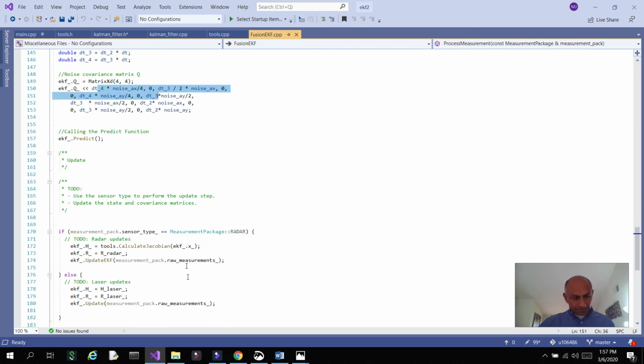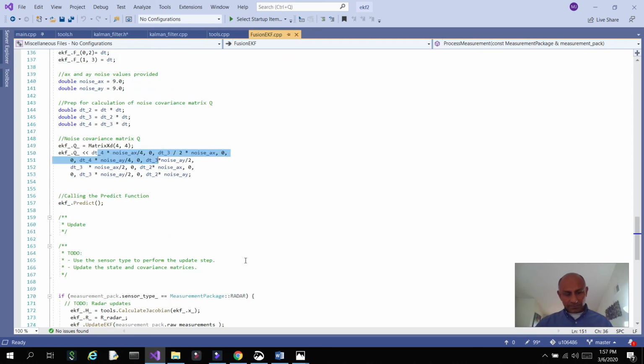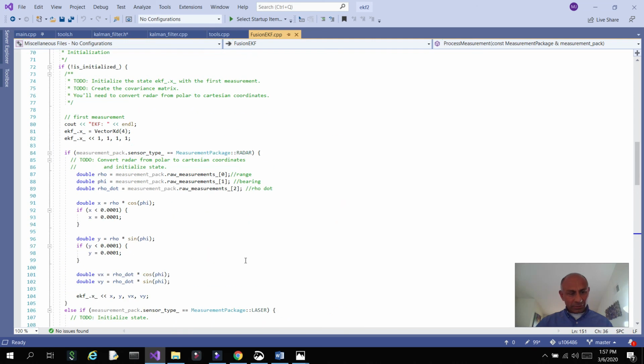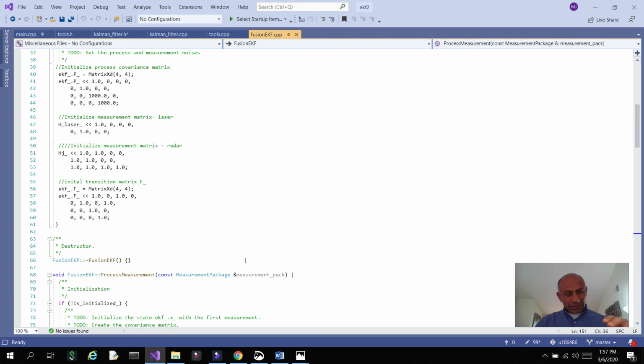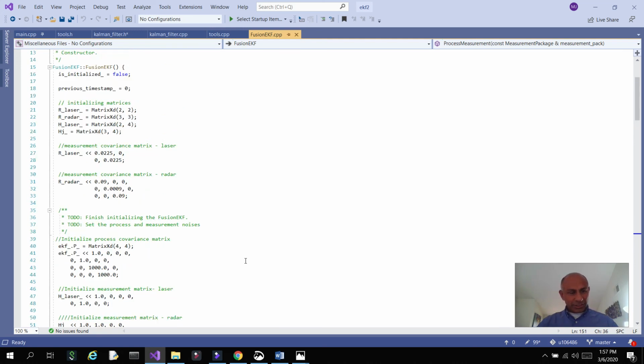Anyway, I'm going through the program at a very high level right now. Basically the variables and the matrices were initialized in FusionEKF.